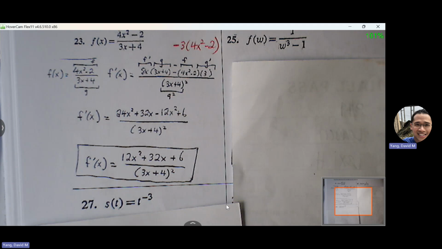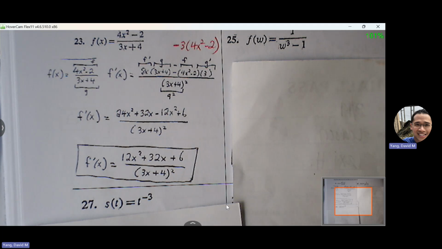Some students want to expand out the denominator, but factored form is going to be the preferable version if we want to do anything with it down the road. So again, quotient rule, the rule of thumb is leave the denominator alone. You're just cleaning up the numerator. So don't expand and don't cancel out.